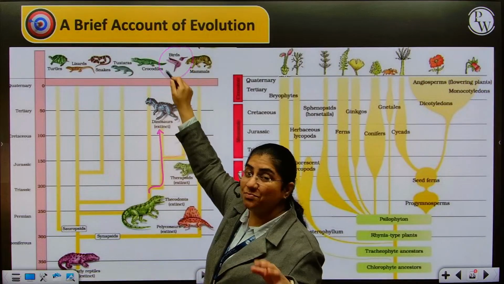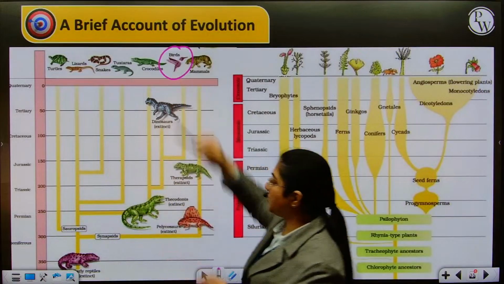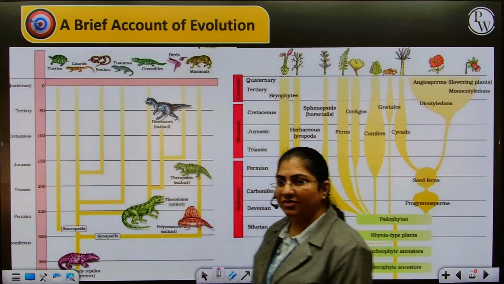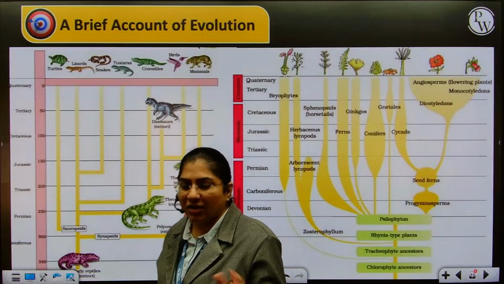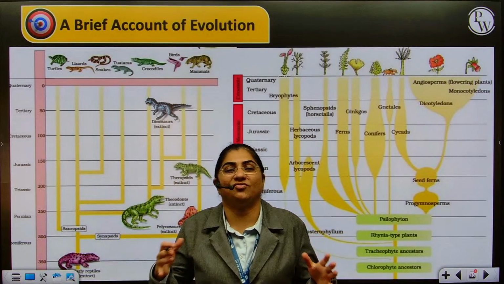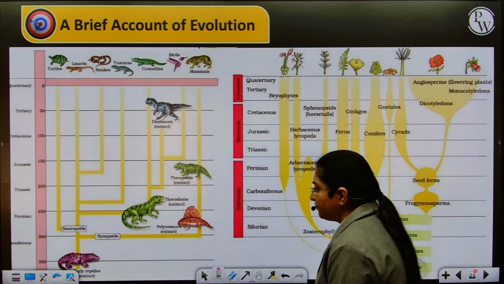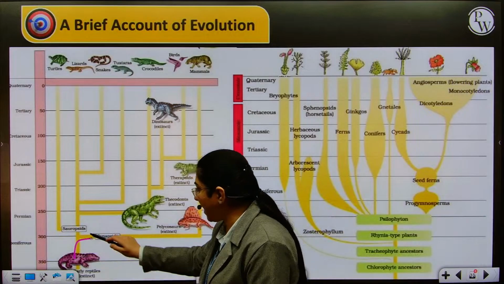So from where did birds come into existence? From reptiles. So reptiles evolved into birds. Though not given in NCERT, Huxley sir was the one who said that birds are glorified reptiles. Okay, birds evolved from reptiles. Then we have synapsids.